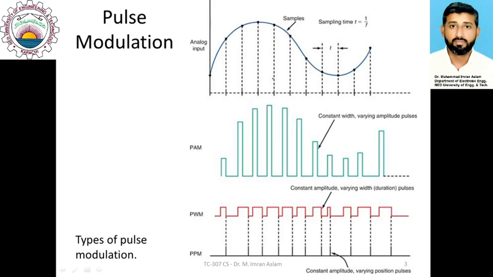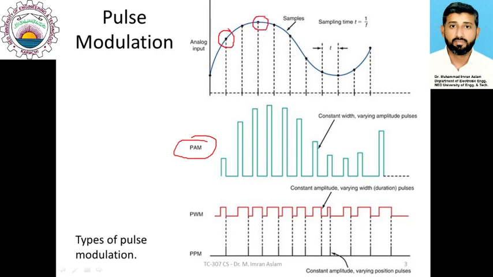So if we use the amplitude to represent the information, that is, if we want to have pulse amplitude modulation, in that case you would see that the amplitude of the pulses would be according to whatever the amplitude of this analog signal is there.